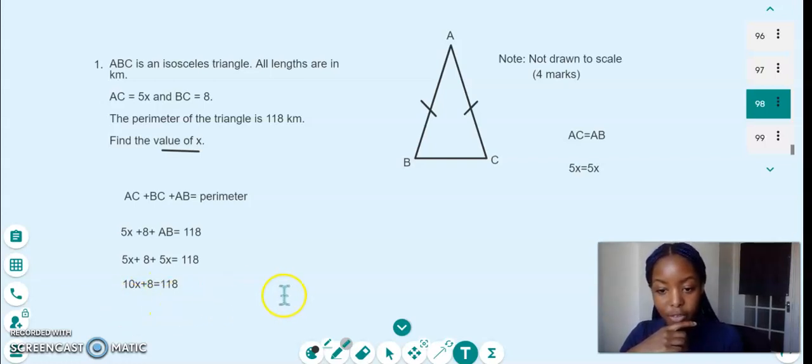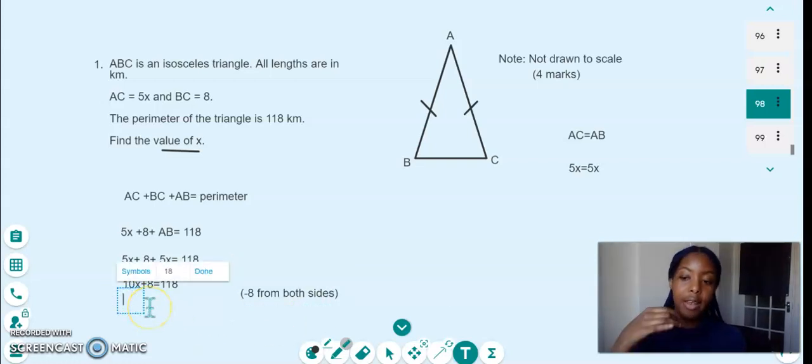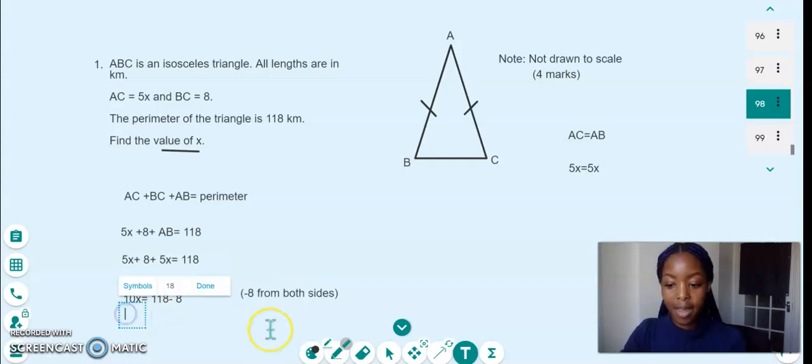So if we just put on the side, minus 8 from both sides, what this equation now becomes is 10x is equal to 118 minus 8, which is the same thing as 10x is equal to 110.